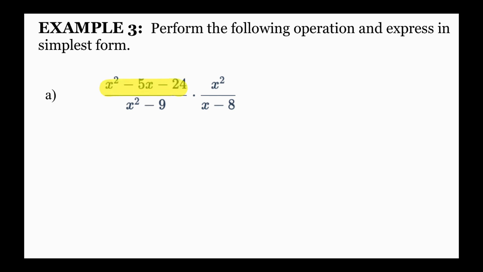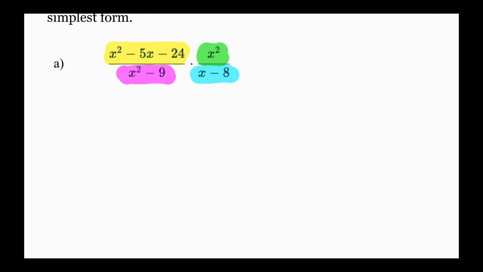We have the numerator here, the denominator here, the denominator there, and the numerator here. So I have 4 sections. I have to factor each of those. I'm not going to use the same set of rules because they're not all monomials or binomials or trinomials. Some of them are different, okay?